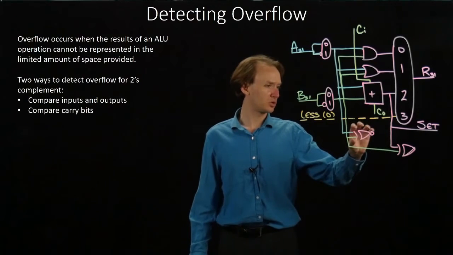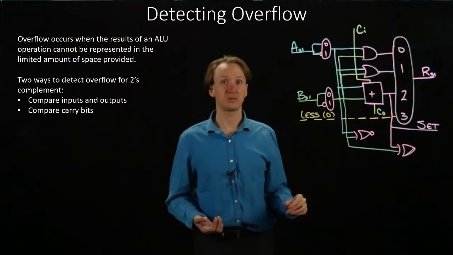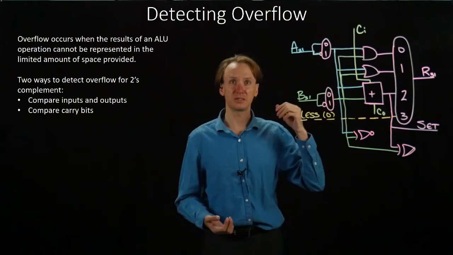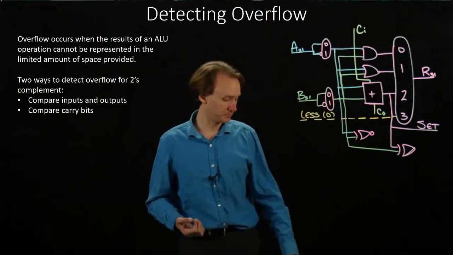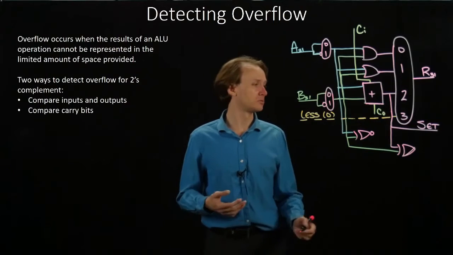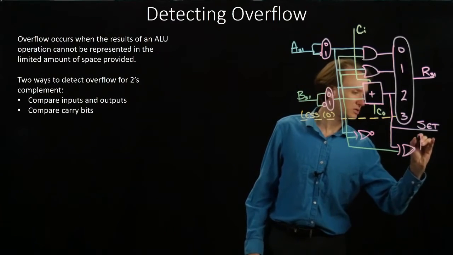So this XOR gate tells me if my inputs have the same parity. This XOR gate tells me if my input has a different parity than my output. If both of these things are true, then I have overflow. So in that case, I want an AND gate.